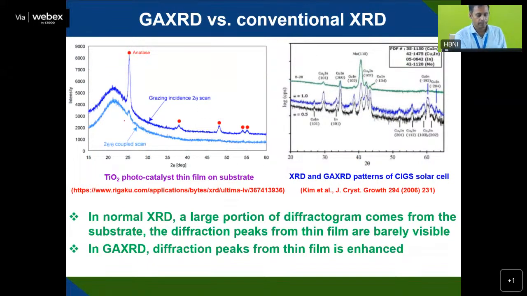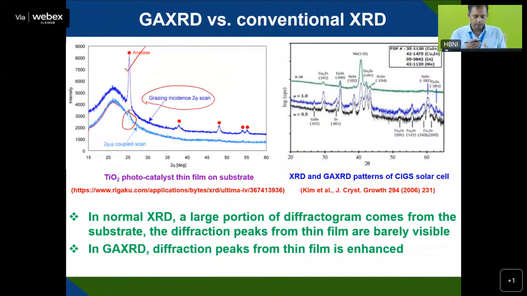At the bottom, this one is from a conventional X-ray 2 theta coupled scan. You can see the peak here is very low, but this is a TiO2 photocatalyst. With the thin film and grazing angle incidence, you can see that the peak is quite high.